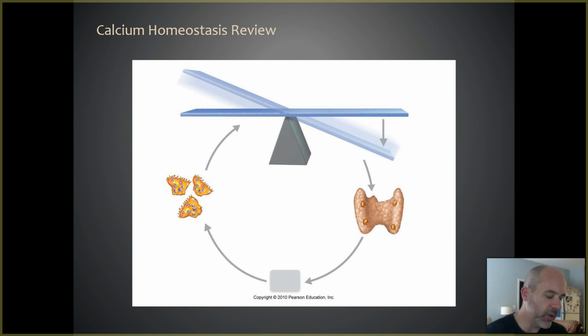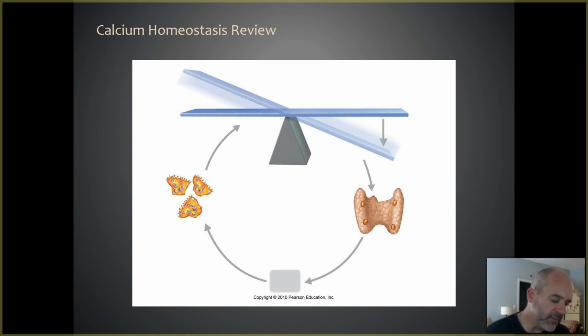All right, so what they're showing you here, the seesaw is supposed to represent calcium levels in the body, calcium ions. Remember, calcium ions are very important. Go back and review that as well. We talked about several reasons why calcium ions are so vital to your survival. And so your body is very good at regulating calcium ion levels in your body fluids.